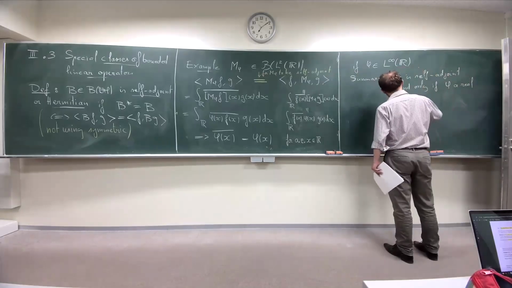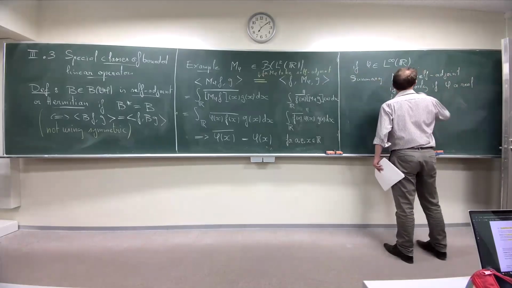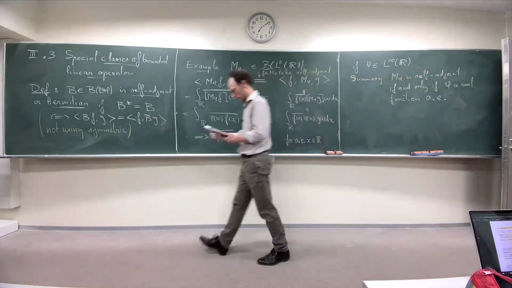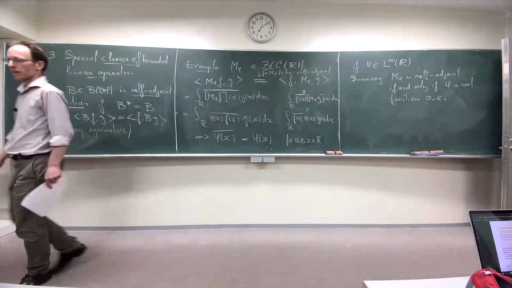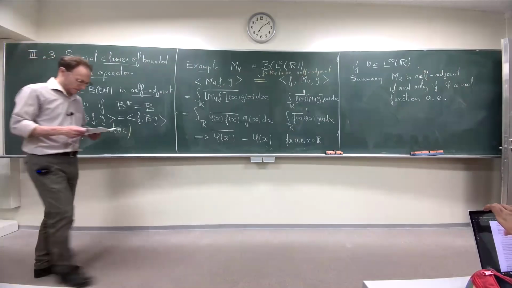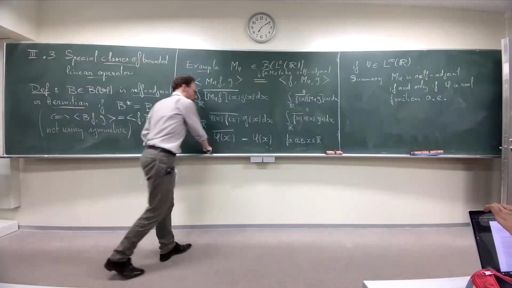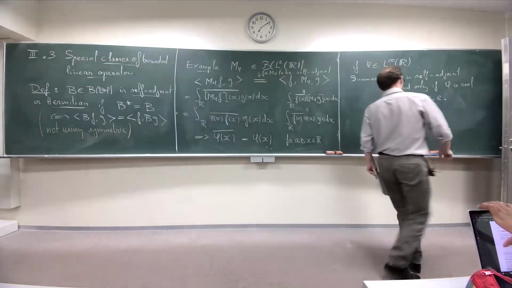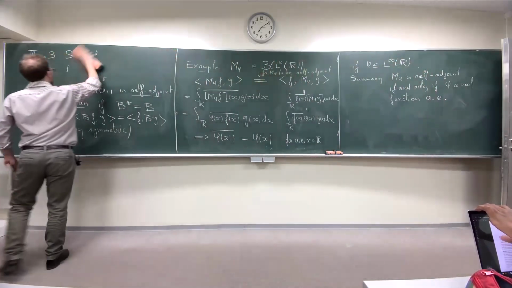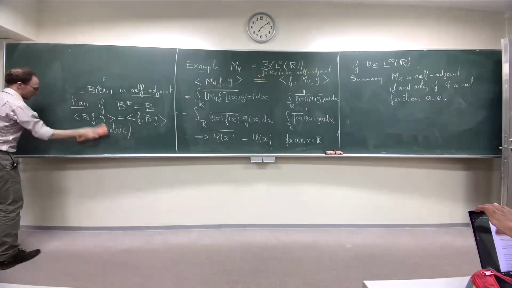So it means it takes values in R almost everywhere. All right. So this is quite simple. So we know what is self-adjoint. Another class of operators is made of projections.